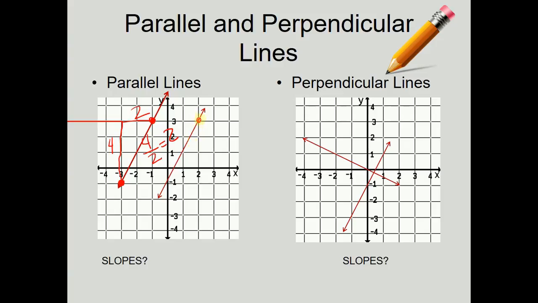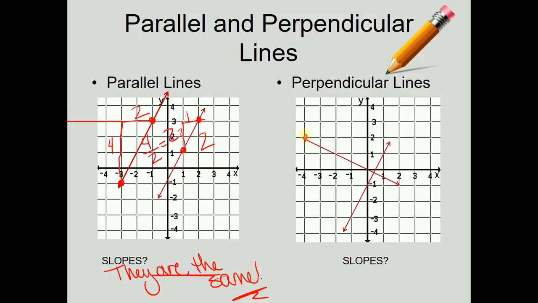We have a dot right here, and it looks like a dot right here. So I go up 2 over 1. So my slope would be 2. Notice, guys, they are the same. So the slopes, they are the same. No change. Same slopes. Parallel.